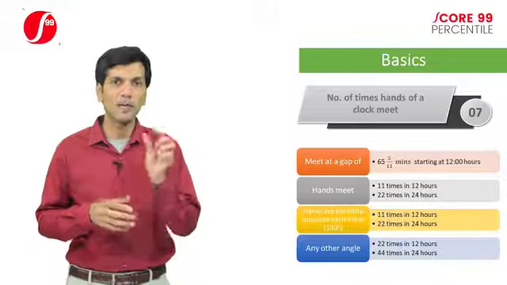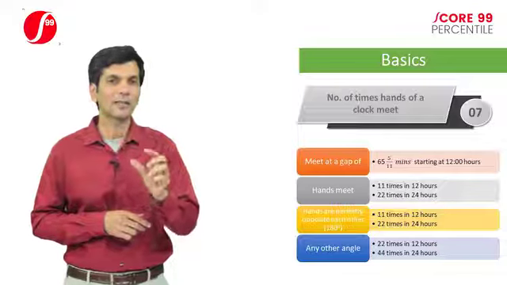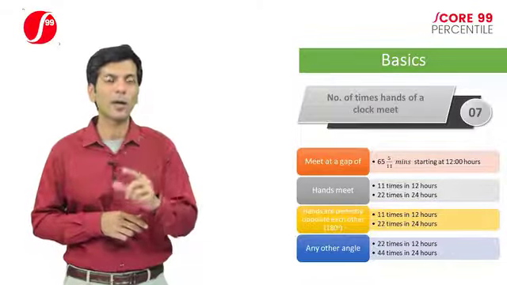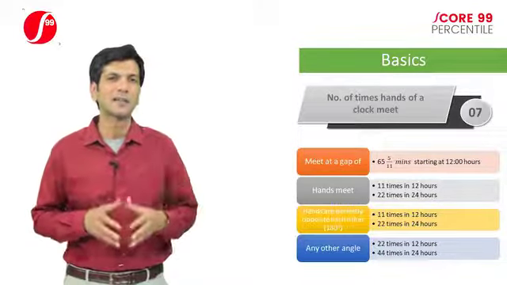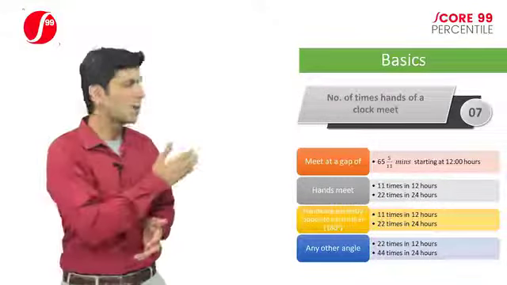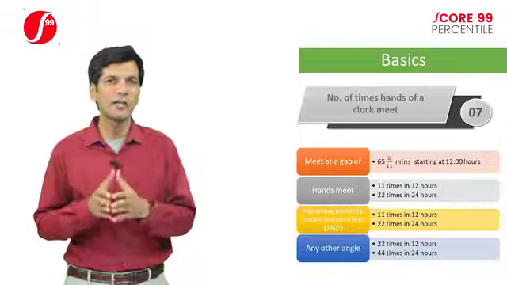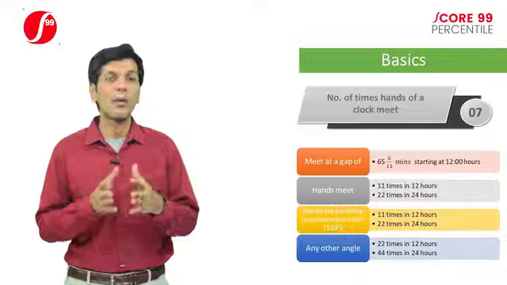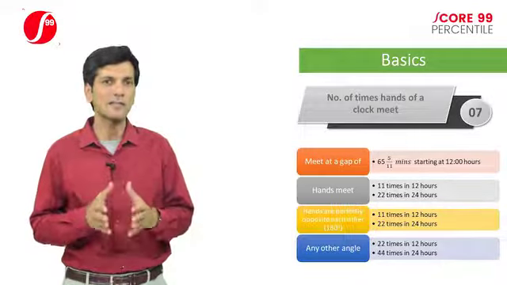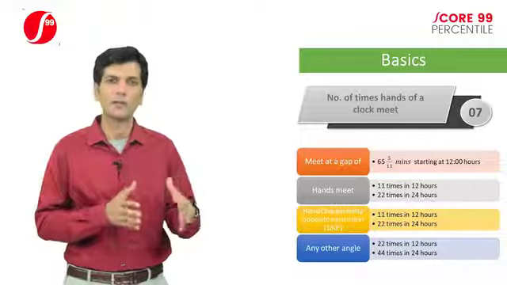Which means that between every 1 hour span, the hour hand and the minute hand will overlap or meet each other exactly once. So overall in 12 hours, you have 11 such intervals during which the hour hand and the minute hand overlap or meet. So in one day of 24 hours, they meet exactly 22 times.